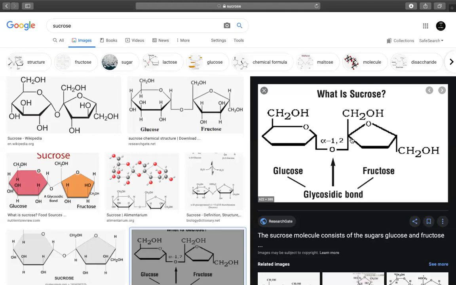So if a carbonyl function is free, it means it is not engaged in any bond. If you look at this one here, is it the carbonyl? No, this is not the carbonyl function. The carbonyl function is this one here, because it is where you are going to have all these bonds together.